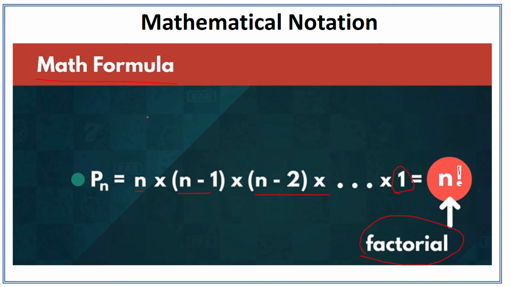So if I write 3 factorial like this, it means 3 into 2 into 1, which is equal to 6, which is the case in our driver example also. Sometimes we write factorial like this also. This is also factorial 3.